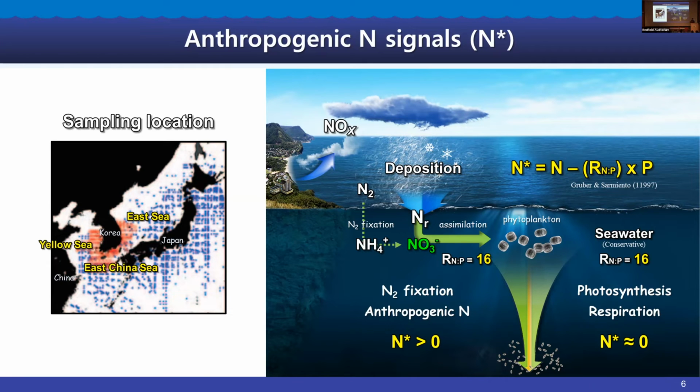These two processes contribute to an increase in N star values in seawaters. Our measurements of nitrogen fixation activities in waters around Korea turned out to show that this plays a very minor role in the N star increase. So any increase in seawater N star must be related to the input of anthropogenic nitrate.